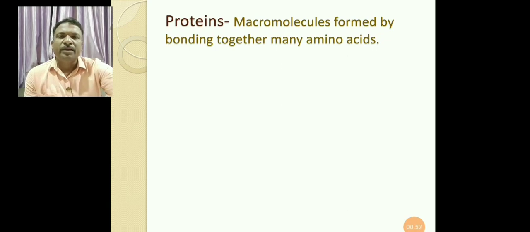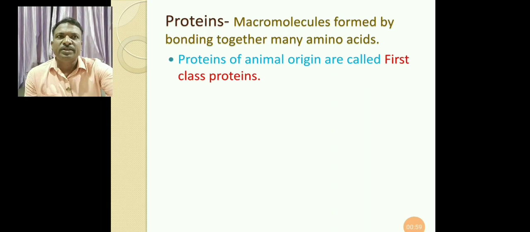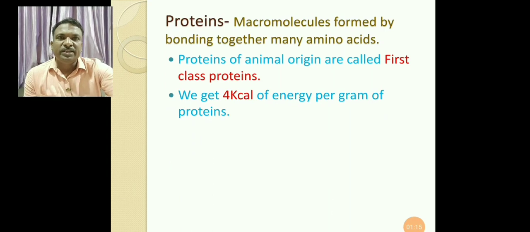The proteins we consume are sometimes of animal origin or from plants. The proteins we consume from animal origin are called first class proteins, and we can get 4 kilocalorie of energy per gram from a protein molecule.